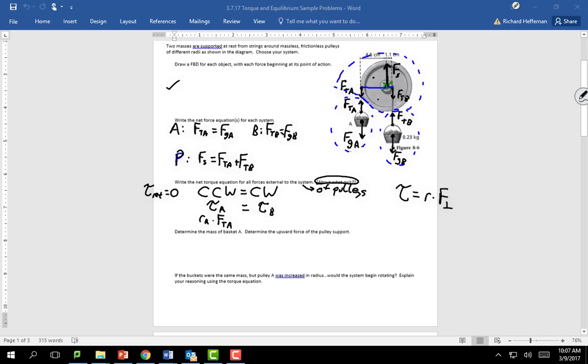What does it look like for FTB? Just the distance perpendicular to the force from the axis of rotation to where the force is being applied. Then the torque of B is the lever arm of B times FTB.